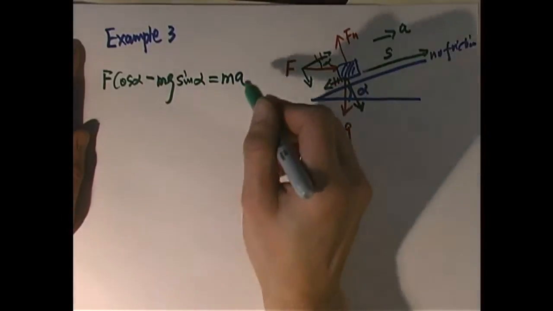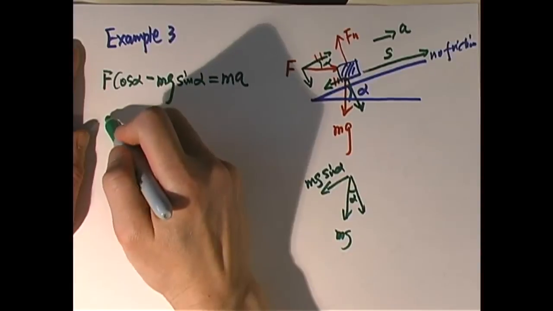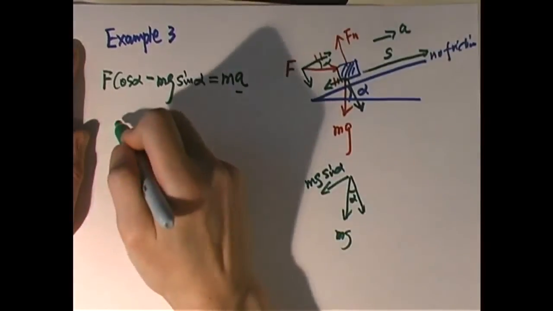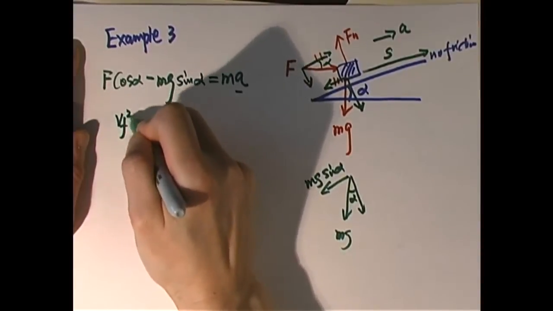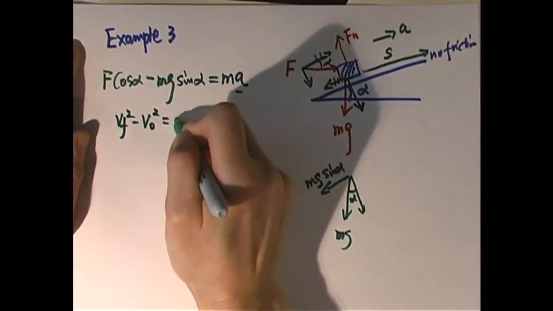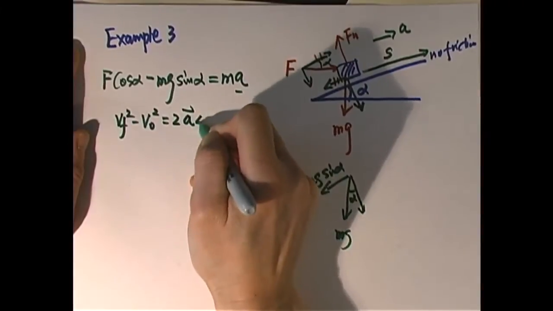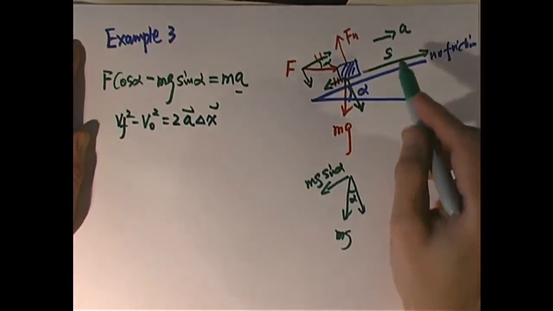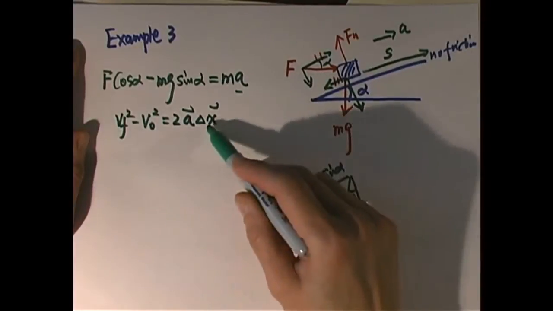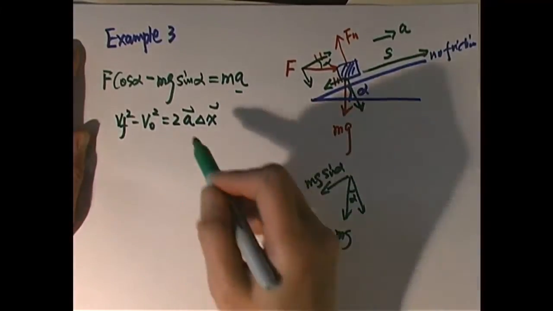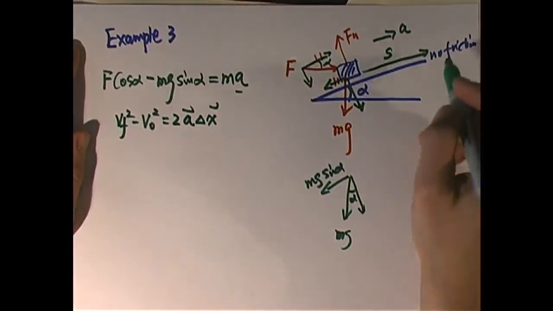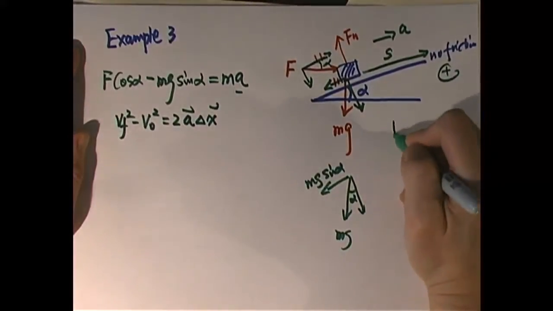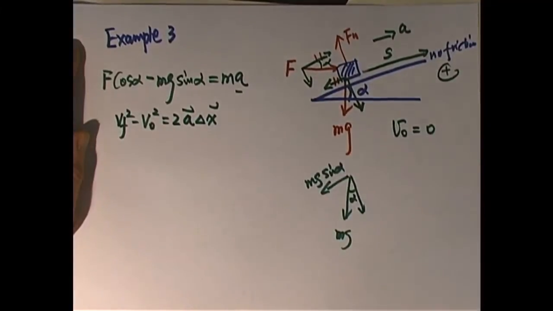And the acceleration is constant. Final velocity we can solve by, because acceleration is constant, v final square minus v initial square equals 2a delta x. In this case, our acceleration is up the hill. Our displacement delta x is s, also up the hill. So up the hill is positive, for example. Then we make the initial velocity of the block equal to 0, starting from rest.